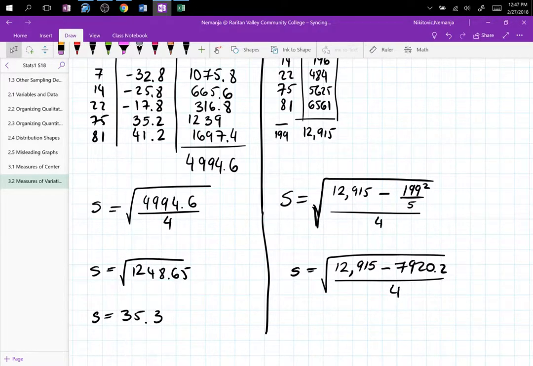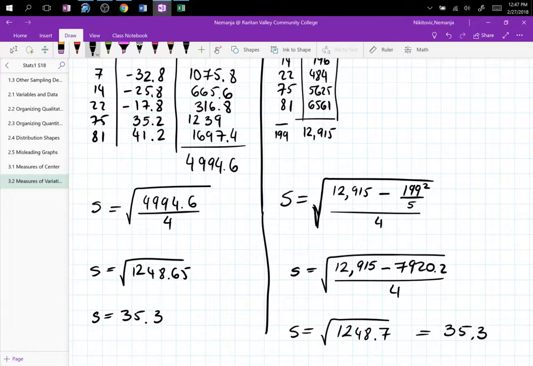So 12,915 minus the other number, and then you divide that by 4. So s equals the square root of 1248.7, which is the same as before, 35.3. Pick your poison, right?